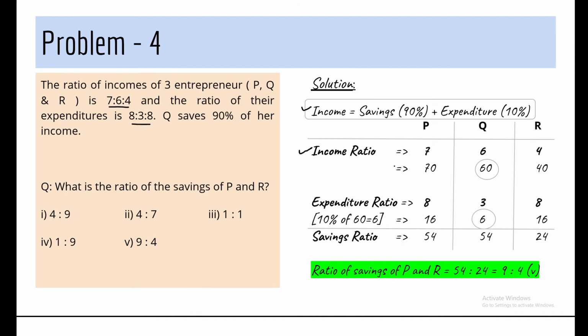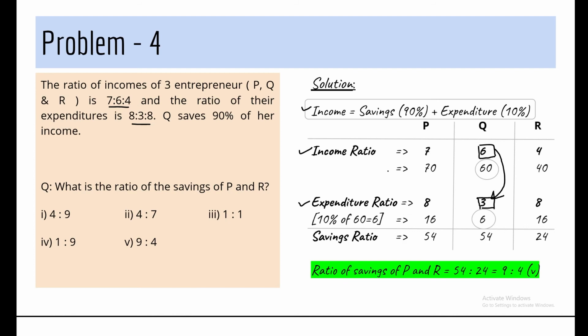If we write the ratio of income and ratio of expenditure, we can just equate the term for Q. Why? Because it is mentioned that 10% of Q's income is her expenditure. So the unit of income for Q and expenditure for Q should be in a relation of 10%. So this 6 should be 100% and this 3 will be 10%.